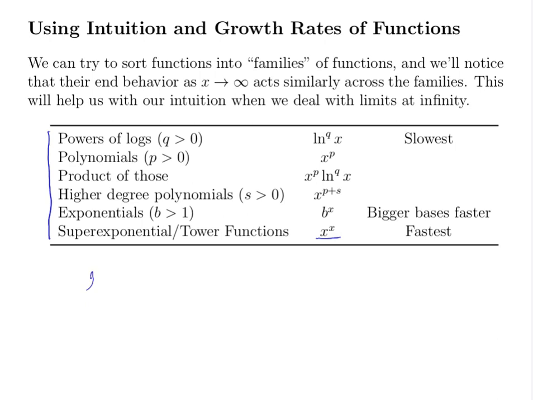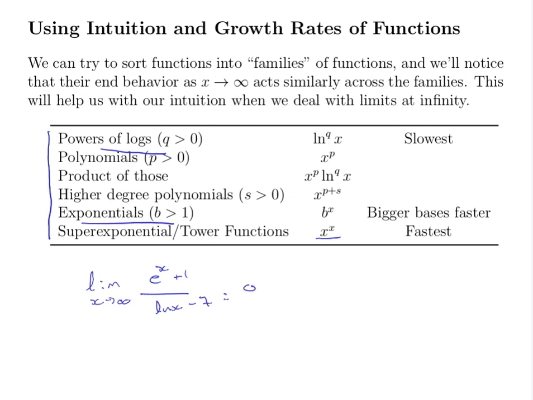What this does is it helps us look at limits like this one, e to the x plus 1 over the natural log of x minus 7. And I immediately know what's going on, because I know as x goes to infinity, this exponential function goes faster than my logarithm to infinity.